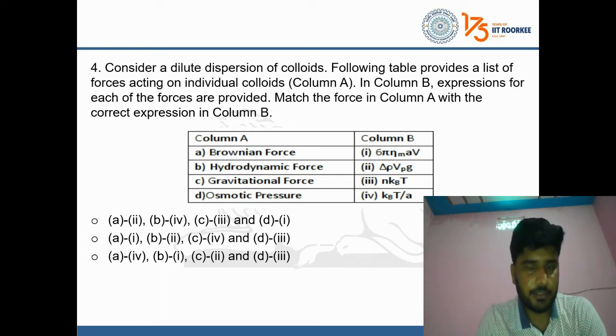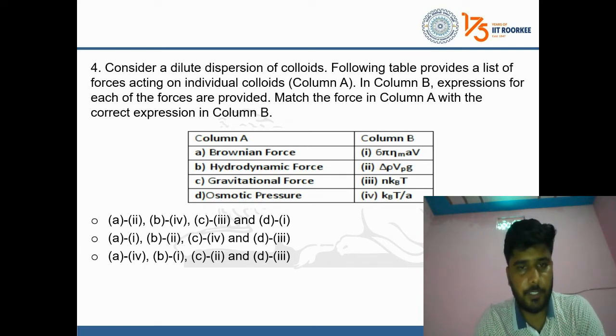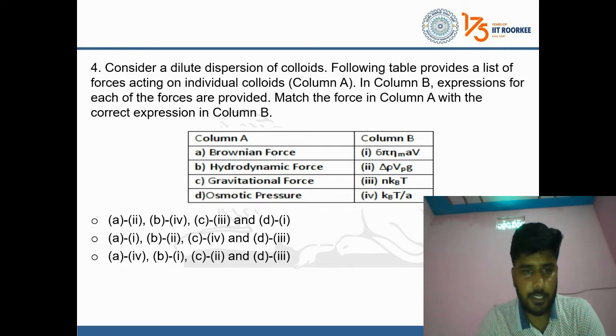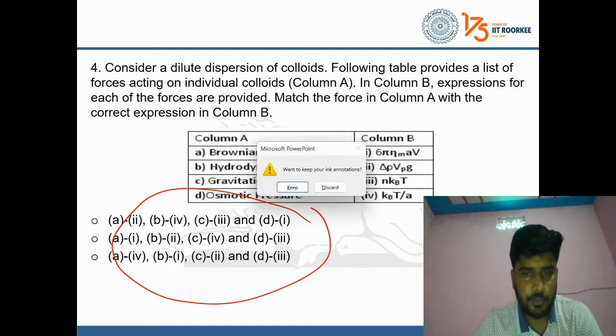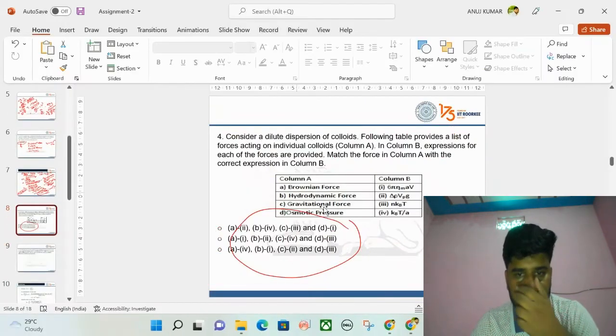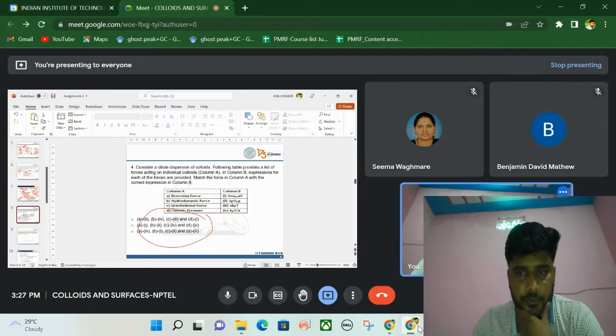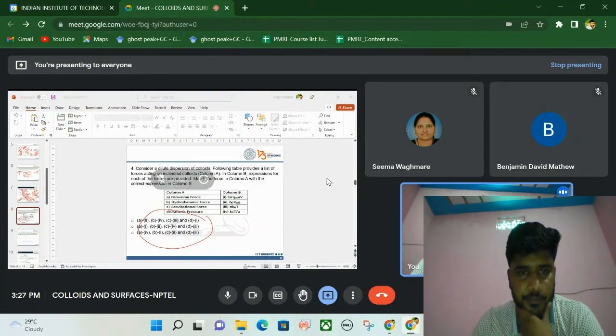Here you just have to match the formula. These are three options you have to select. There is no calculation in this question, so please type in the chat box for the response.